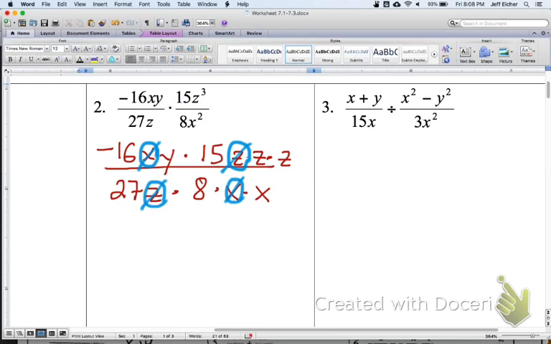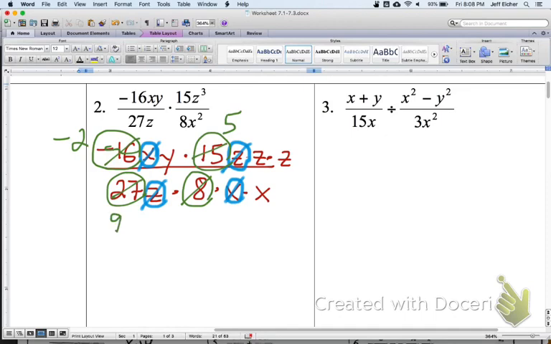16 divided by 8, we can divide 8 out of both, so that one's gone, and this becomes a negative 2. And then this 15 and this 27 have a common factor of 3, so dividing both by 3 we get a 5 and we get a 9.